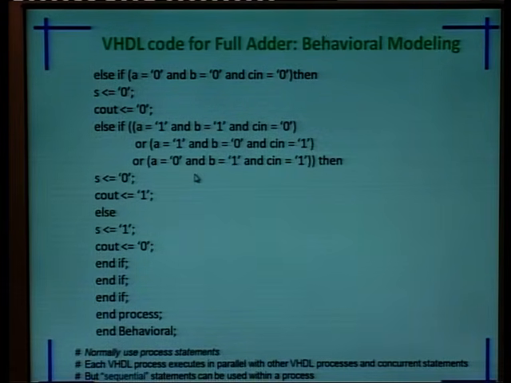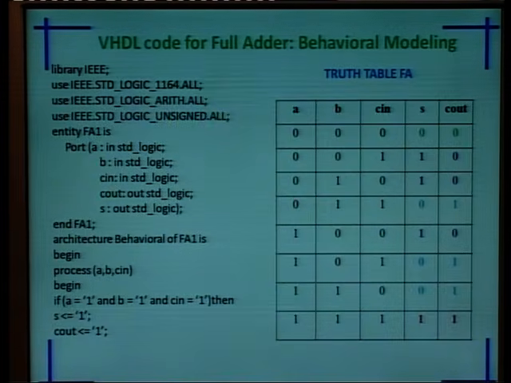Now one main thing to note is that we are using one process statement, and this process statement has its main function in the behavioral simulation, because whatever instructions are written in the process statement will be simulated in sequential form.